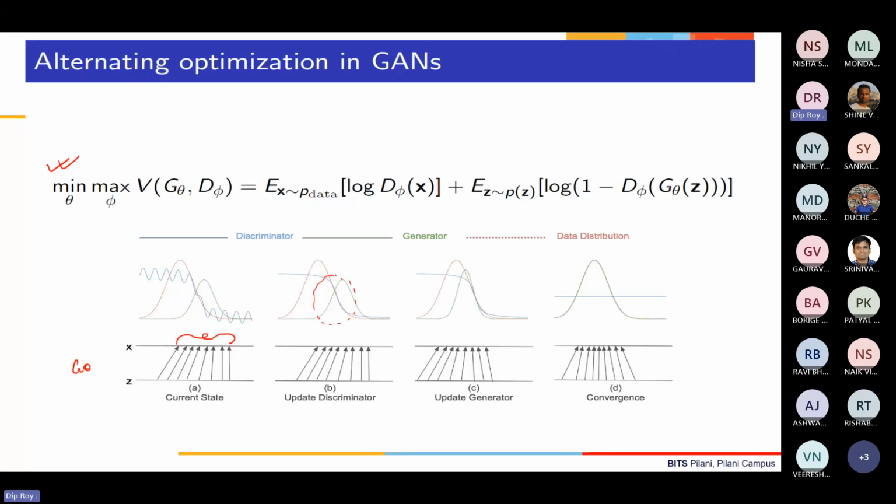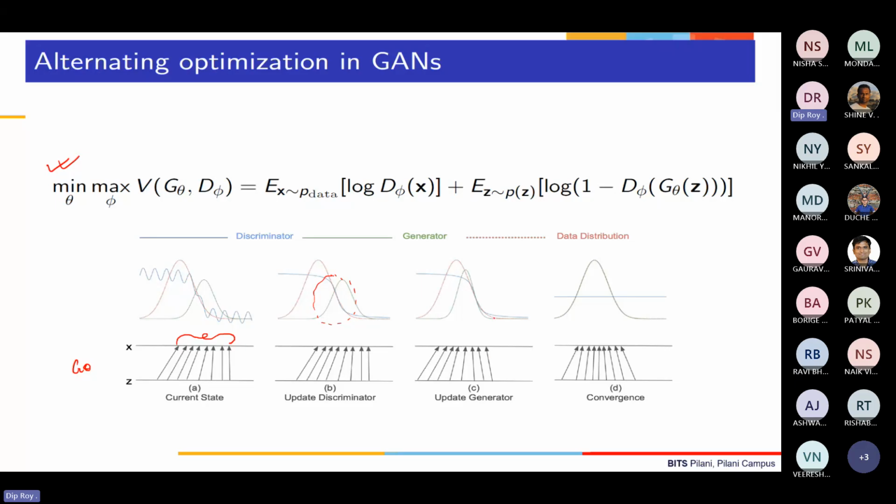Now what will happen is we update the generator. Once you update the generator, the generator is going to try to fool the discriminator. And the only way it can fool the discriminator is to make the samples as real as possible, or as close as possible to the true distribution. And that is where you see it has shifted to the left.